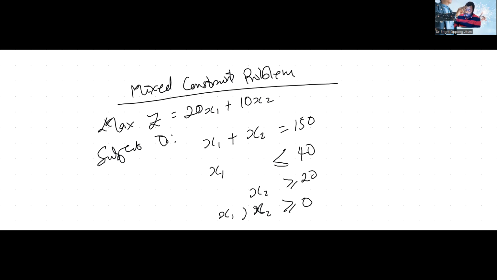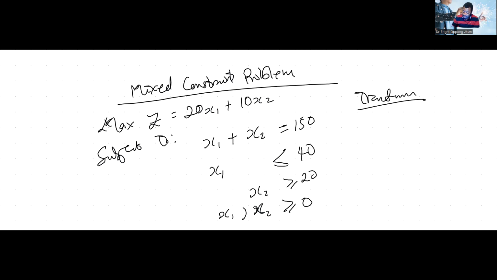Good. So this is a typical mixed constraint problem, right? Why? Because it has an equal sign, it has a less than or equal inequality constraint, and it has a greater than or equal to constraint also. So although it is a maximization problem, the simplest procedure to solve it, at least we talk about the steps, is first transforming the problem into a standard form.